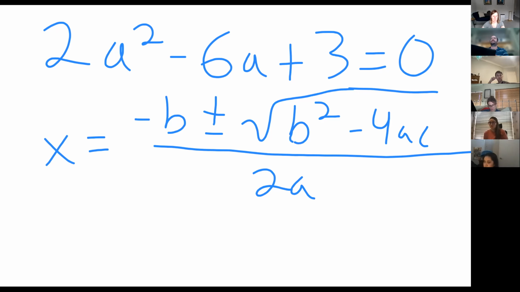But in general, I usually say solve it by the best way possible. So if you can factor it, that's better than using the quadratic formula. I wouldn't count it wrong if you use the quadratic formula, but you're not saving yourself time on your test, right? Using this thing is definitely going to take up some time.